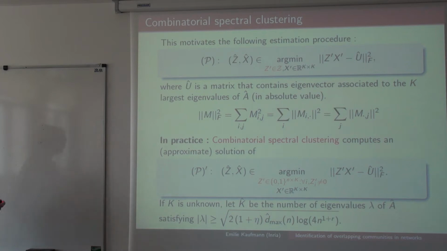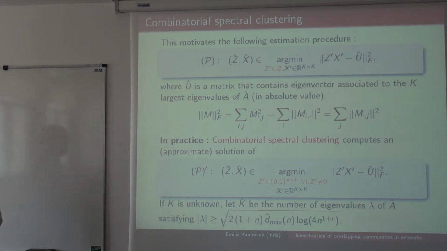And we are going to find the closest possible decomposition of the form Z multiplied by X in a Frobenius norm. So here I recall what the Frobenius norm of a matrix is. It's simply the sum of all the squared terms, or for example, the sum of norms of its lines or columns. So this is the estimation procedure.